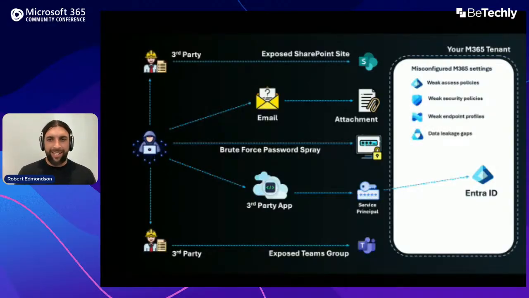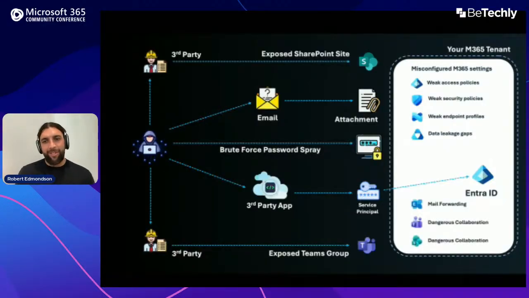Purview could allow data leakage gaps, which could make breaches easy. Exchange can allow for mail forwarding, allowing cyber criminals to get insights into the day-to-day operations of your businesses. And like I said, Teams and SharePoint are designed to be collaborative. All of these configurations across these services are frequently misconfigured in breaches that we get called into.